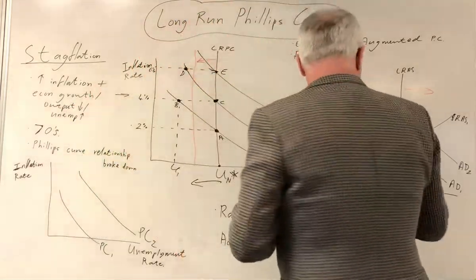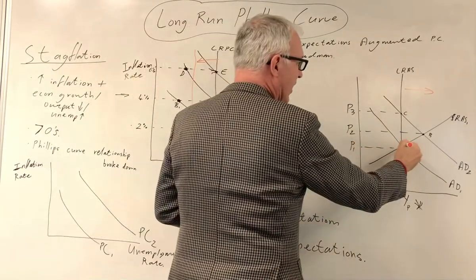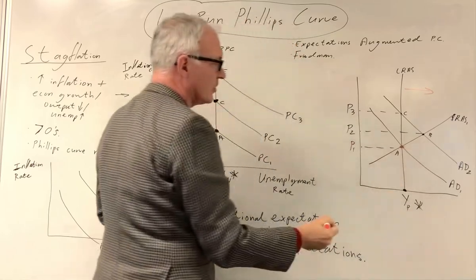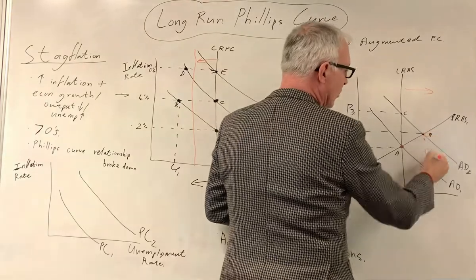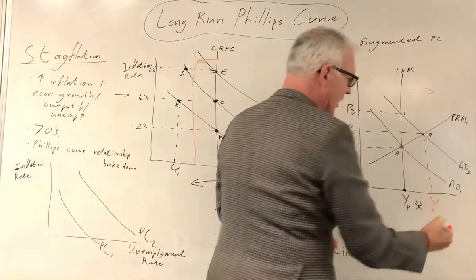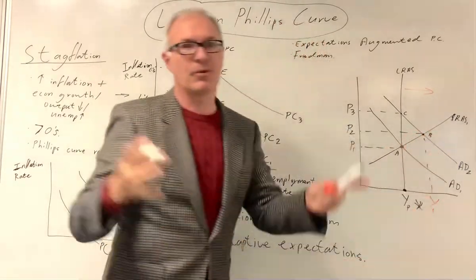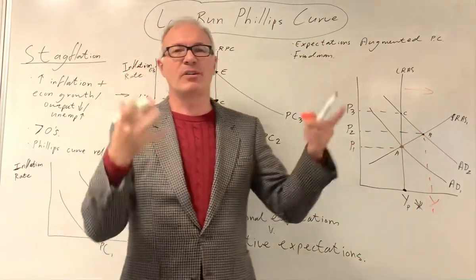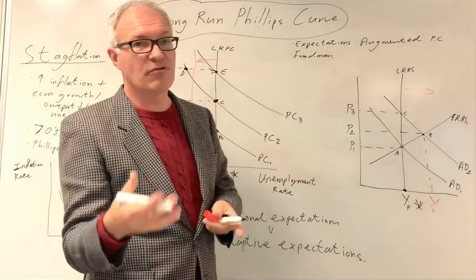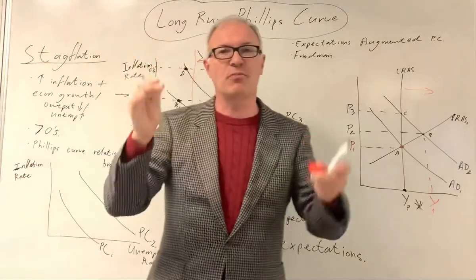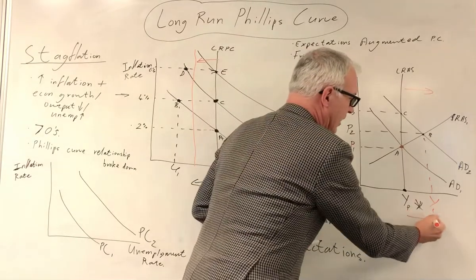Let's look at how this explains this. So if we start off at A, what happens is we then have a reflationary policy, we expand aggregate demand, and we end up at B. And so we end up at an output higher than the potential level of output. At B, however, the workers demand higher wages to keep pace with higher inflation, and more particularly there'll be a shortage of workers occurring at a higher level of output.